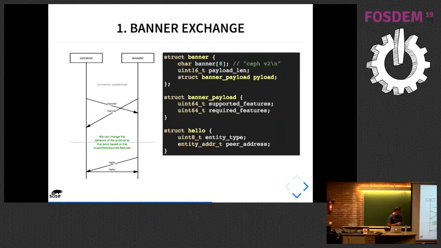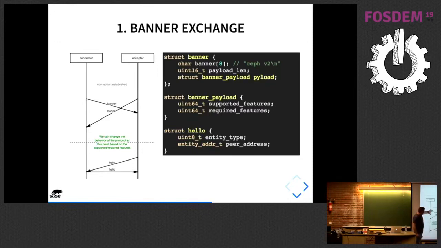And the banner includes, besides the string saying Ceph v2, two very important things, two feature masks that are called the supported features and the required features. With this information of what are the features that each side supports and requires, we can decide what to do from that point onwards.